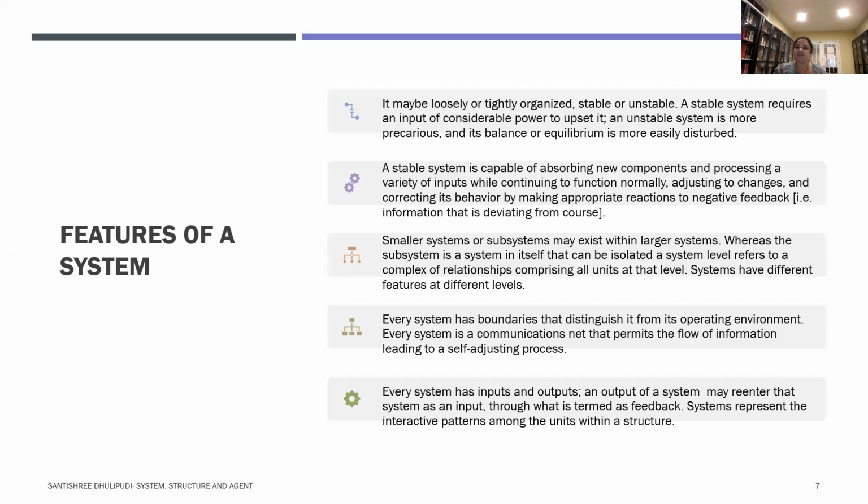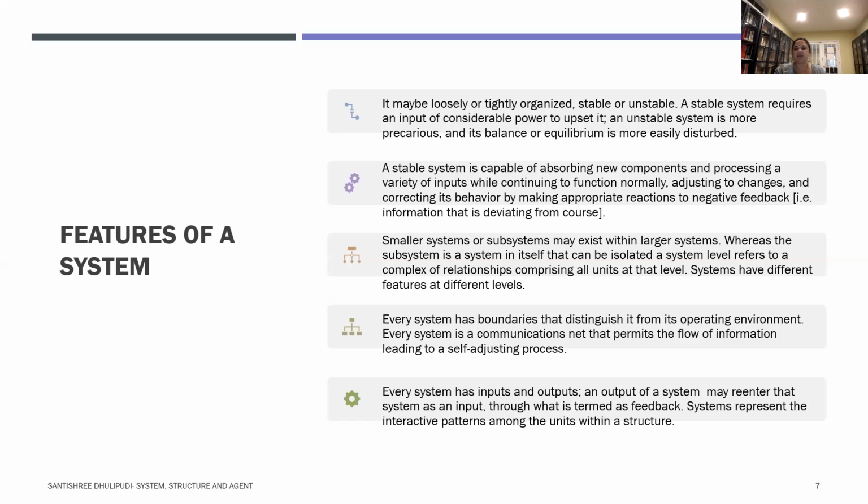A stable system is capable of absorbing new components and processing a variety of inputs while continuing to function normally, adjusting to changes and correcting its behavior by making appropriate reactions to negative feedback, that is, information that is deviating from the course.